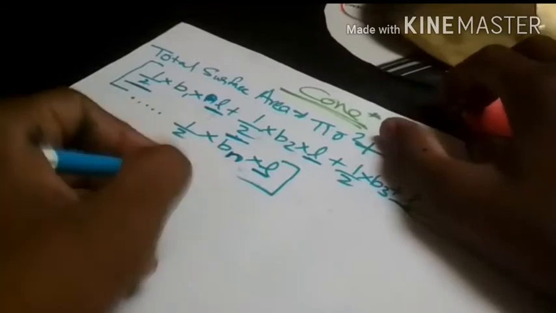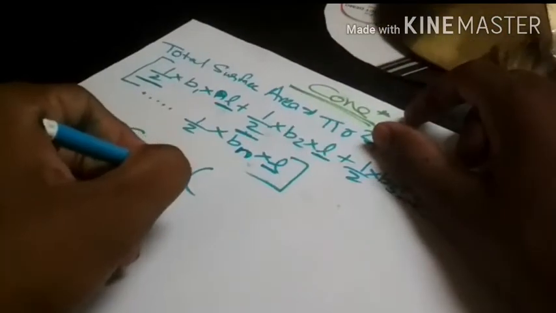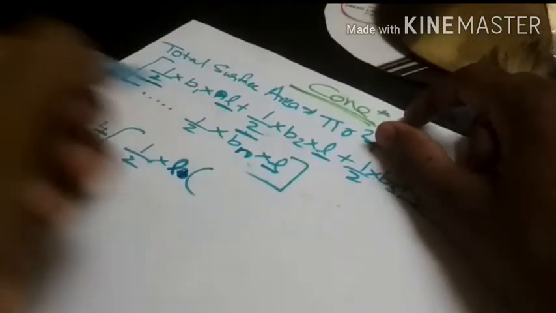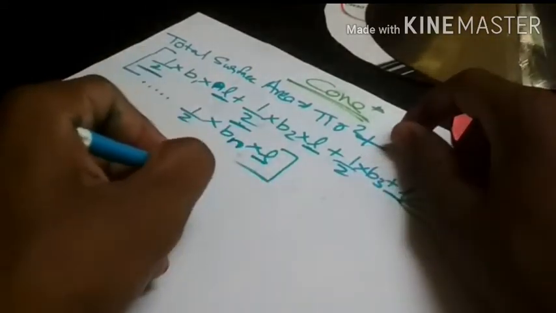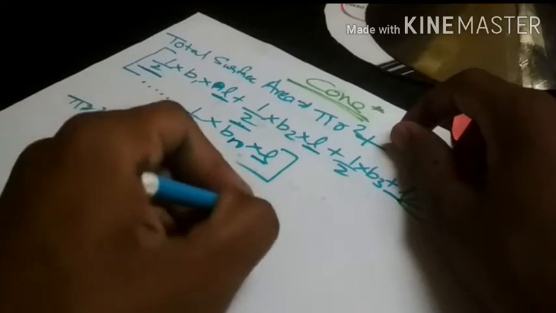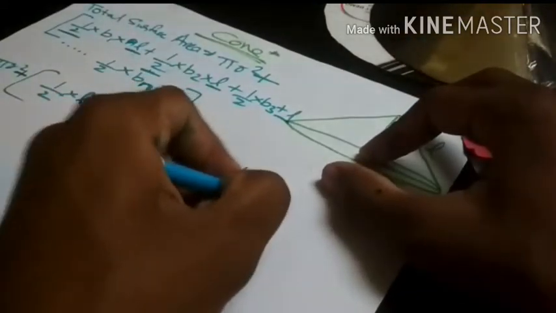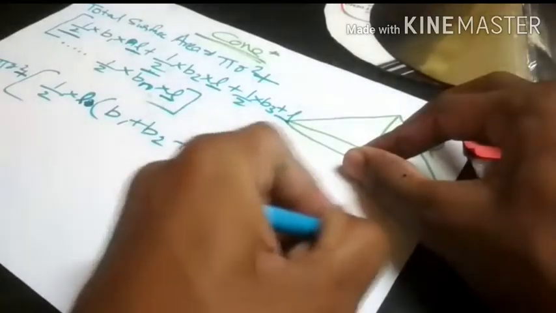So we'll take out the common. As we have the common, the bases will come in bracket, B1 plus B2 plus B3 plus B4 till Bn.